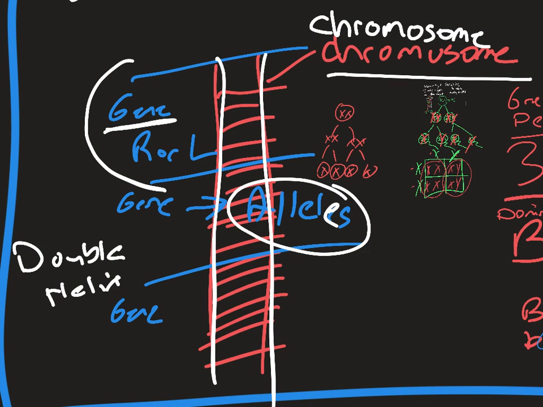And so the combination of how all these different bases are ordered will tell us that. The next one could be hair color. The next gene could be toe length, or how fast you grow, or whatever the case may be. There's a lot of different possibilities for every gene.